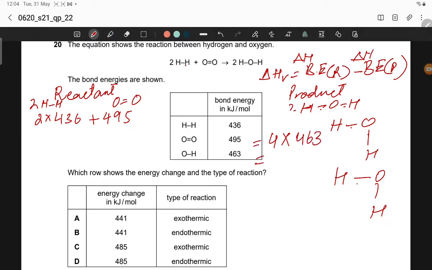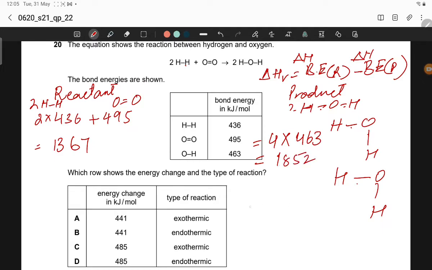It is equal to 2 into 436 plus 495 is equal to 1367, and it is 4 into 436 is equal to 4 into 463, 4 into 463, 1852.